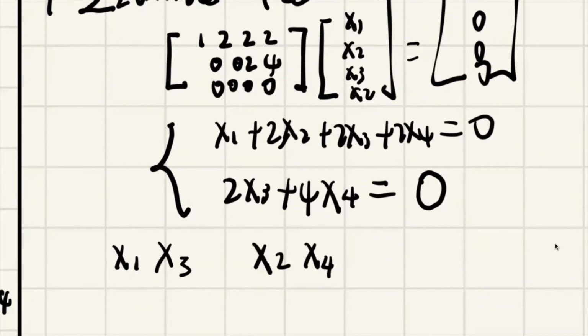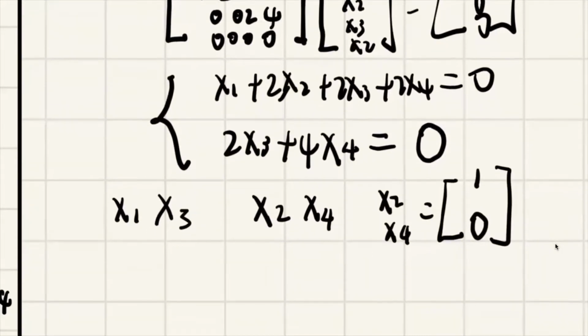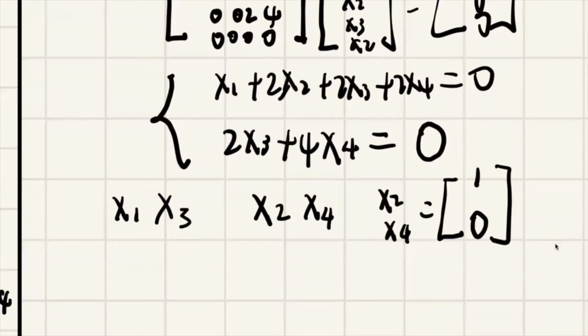So we can let x2 and x4 equal 1 and 0 first. And then let's try to get the values of x1 and x3.